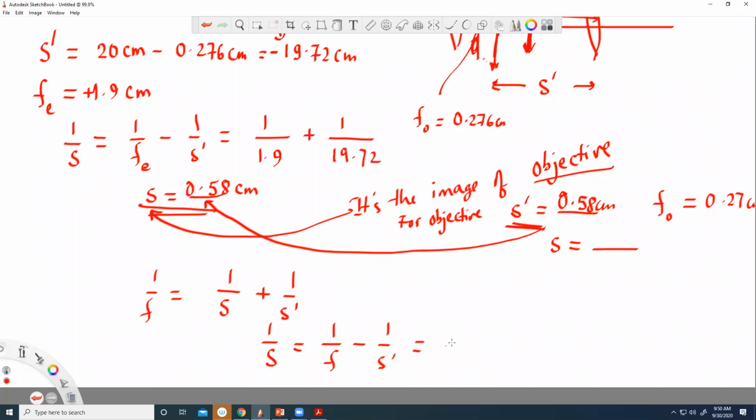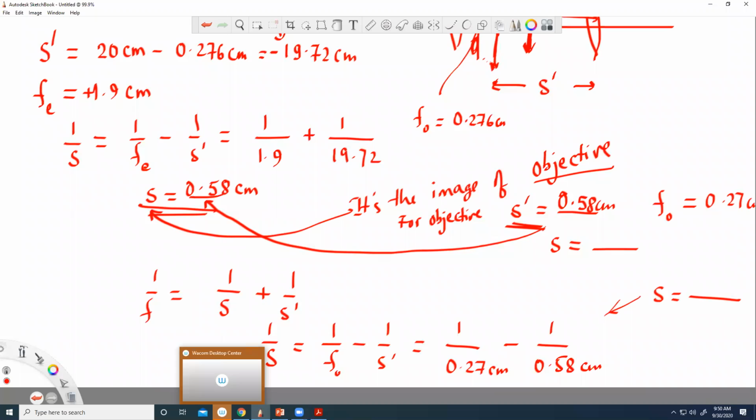So 1 over F here, we are talking about the objective here, is 0.27, okay, minus 1 over S prime. This would be positive because it's a real image, it's inverted. So S prime is 0.58. And you do the math here, okay? So that will give you S. Okay, someone, if you can do the math, I can put the number here, so everyone can check the number.